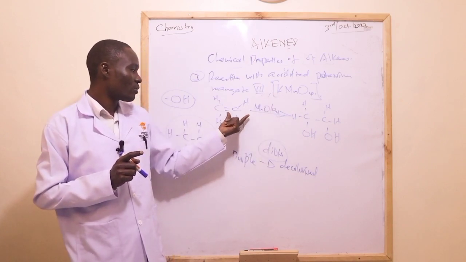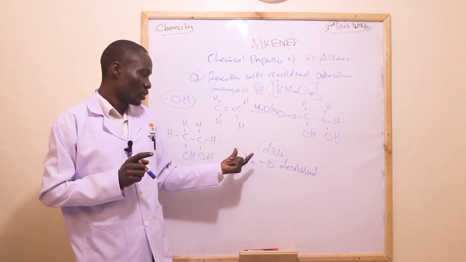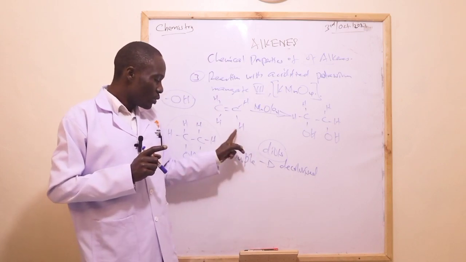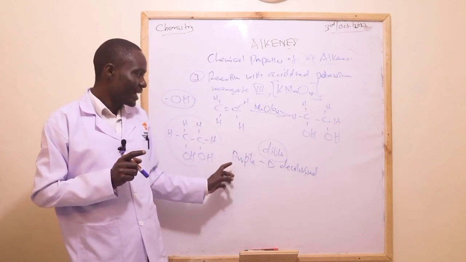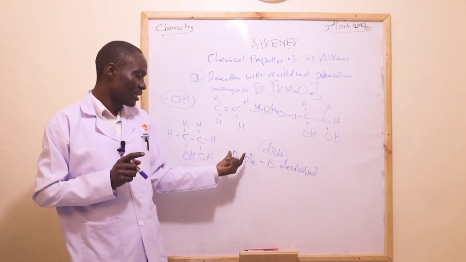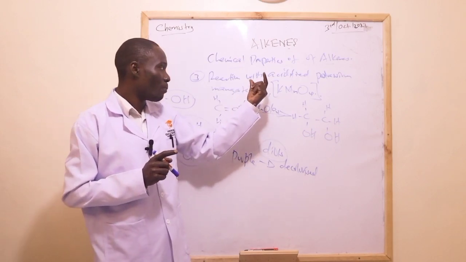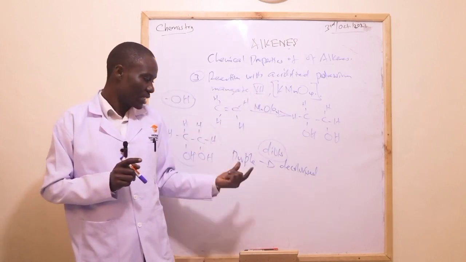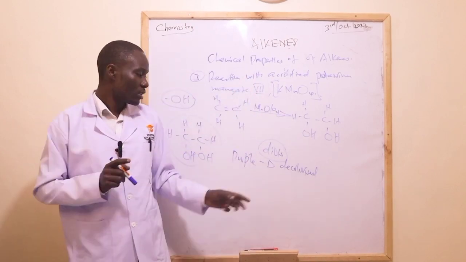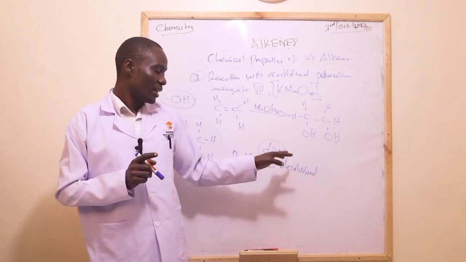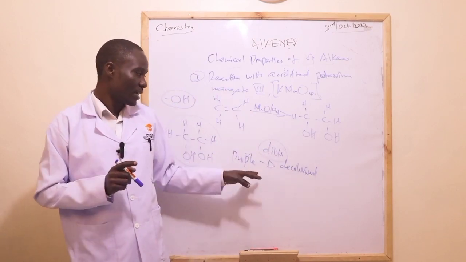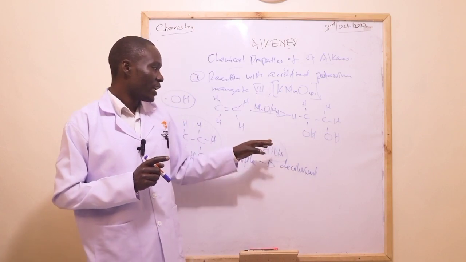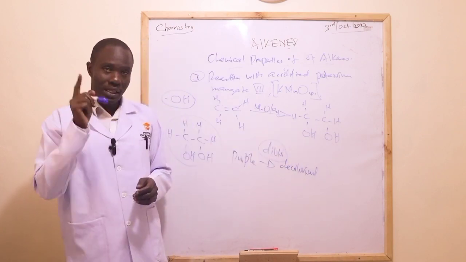Of course, the manganese 2 ions are normally colorless. So we are focusing on the colored reagent, acidified potassium manganate 7, which is purple due to the presence of the manganate 7 ions, which will be reduced to manganese 2 ions, which are colorless, and that's why the resultant compound formed is colorless.